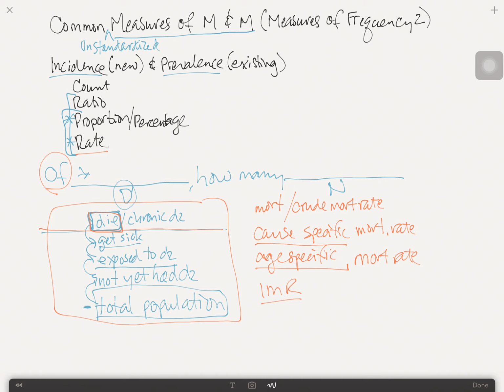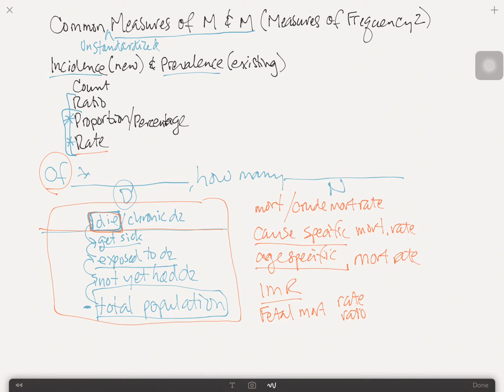rate. We also have fetal mortality, and that can be either a rate or a ratio. With the fetal mortality rate, the denominator includes all the fetal mortality, and the fetal mortality ratio does not include the fetal mortality incidence or the number of fetal deaths.